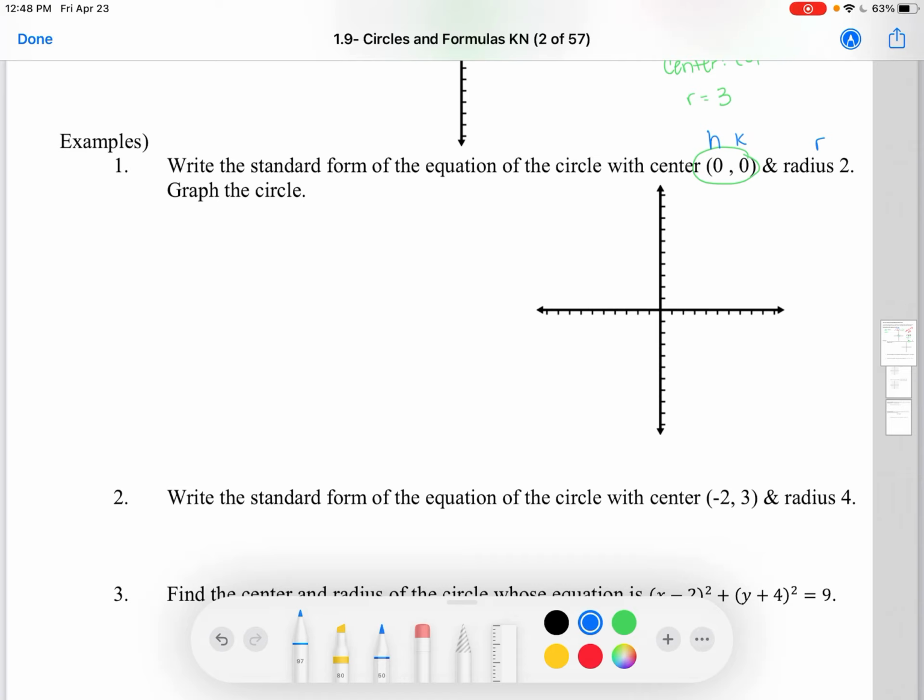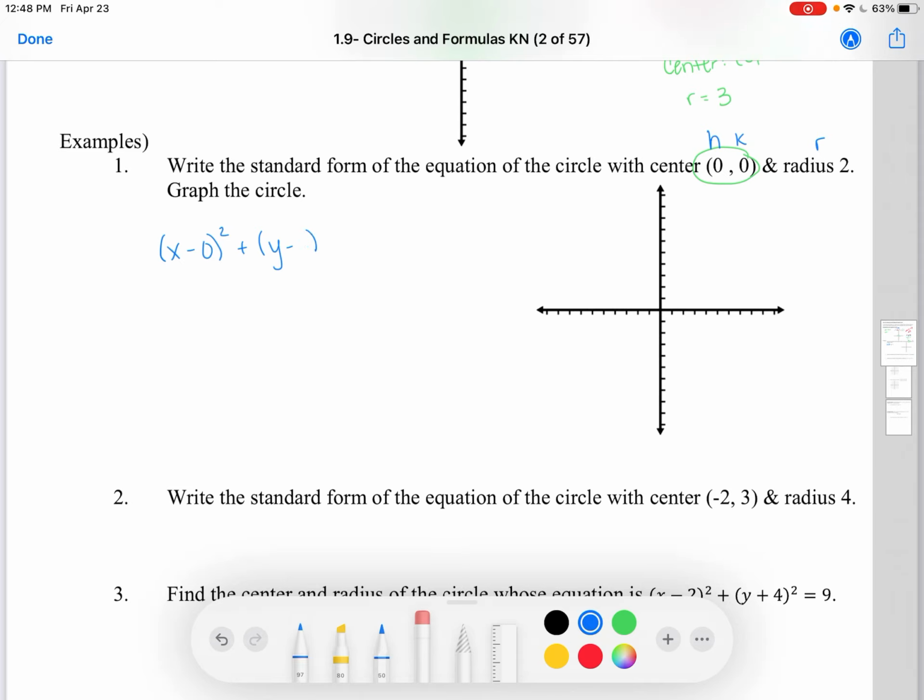So I'm going to use the standard form, plugging in a 0 for h and a 0 for k. And then when I plug in a 2 for my r, making sure I still square that according to the formula, if I go ahead and simplify this, it's going to give me x squared plus y squared equals 4. That is the official standard form of the equation.